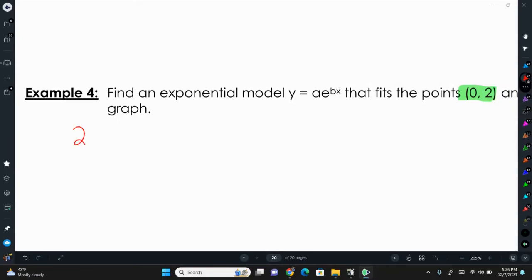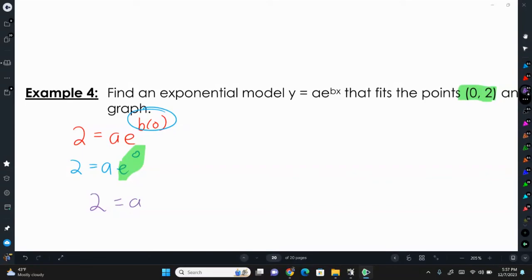So y, which is 2, is equal to a times e to the bx power. Well, x is 0 if I use the point (0, 2). We know that anything to the 0 power is 1. So 2 equals a times e to the 0 power, because b times 0 is 0. This is equal to 1. So 2 is equal to a.